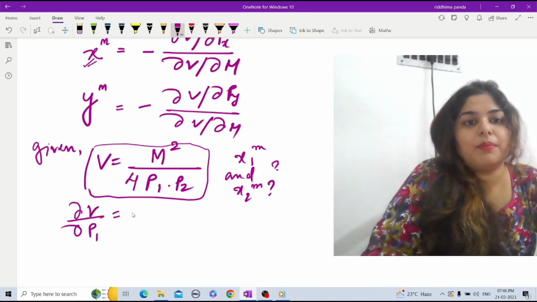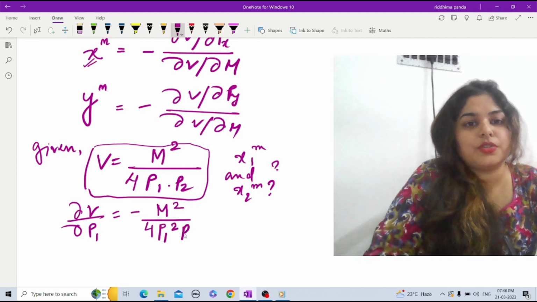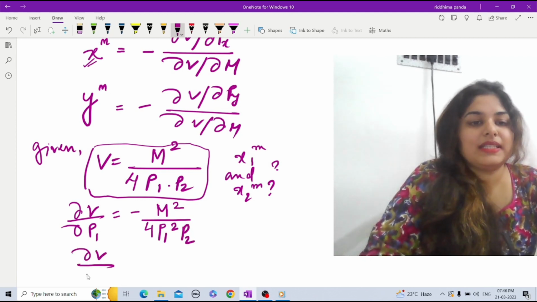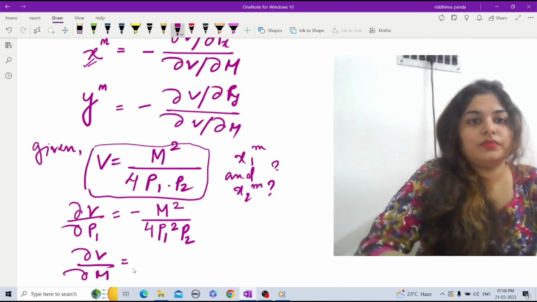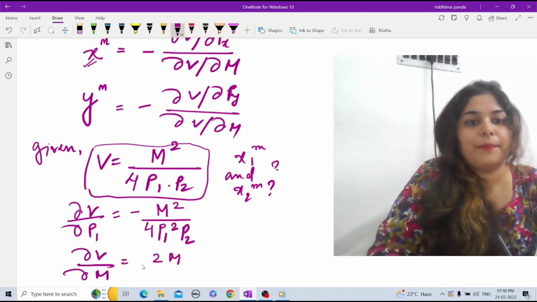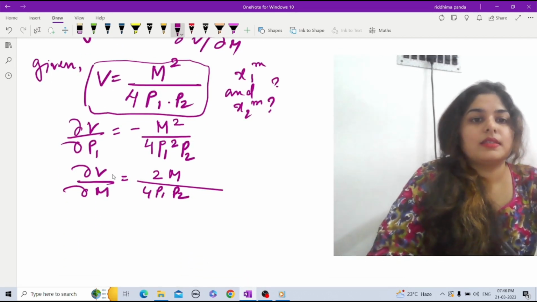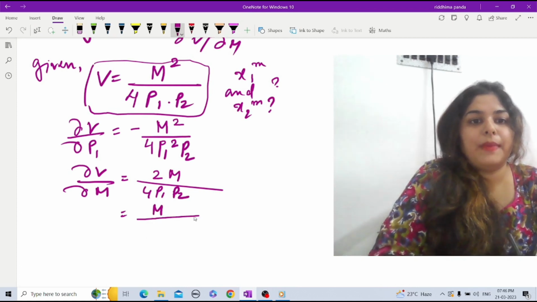So we have minus M square by 4 P1 square P2. And delta V by delta M is equal to 2M by 4 P1 into P2, that is M by 2 P1 into P2.